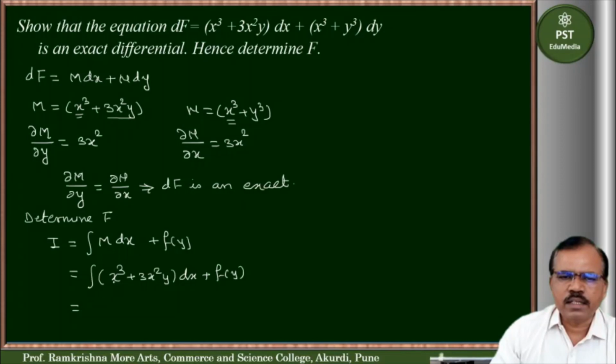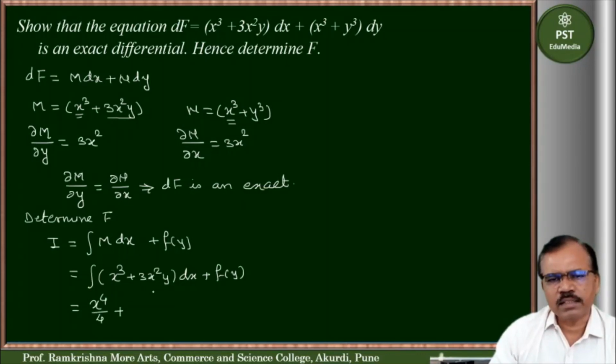So we get here the integration of x cube with respect to dx, we get x raised to 4 by 4, plus 3x square y. 3y is constant, the integral of x square is x cube by 3. So 3y into x cube by 3, the 3 will get cancelled. So here we will get x cube y plus f of y. So I got I.